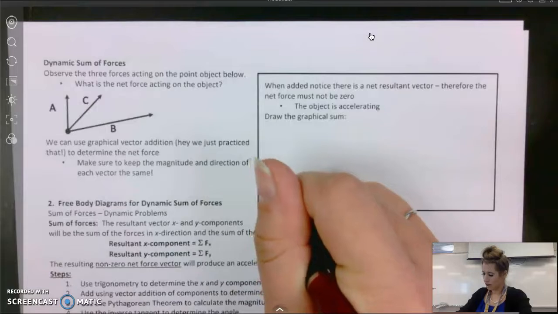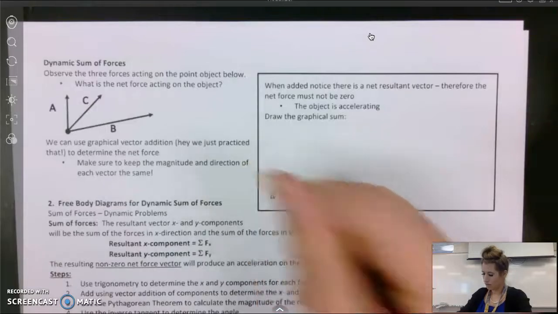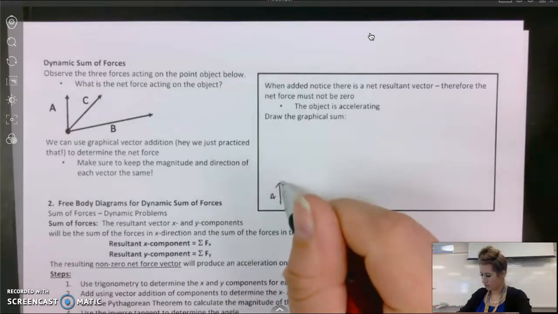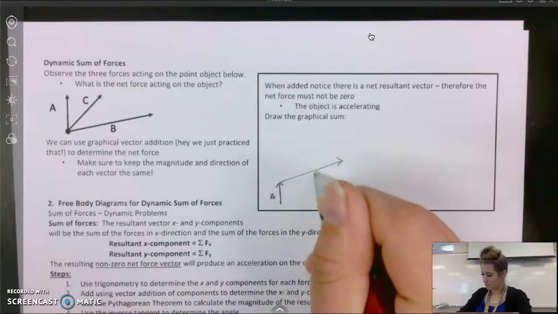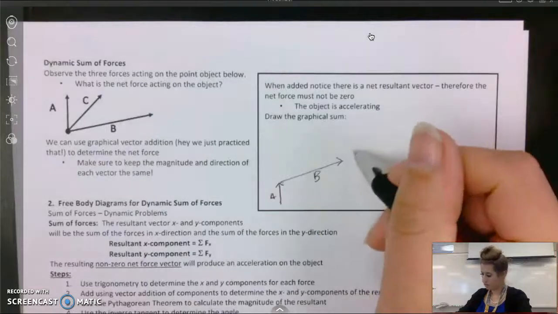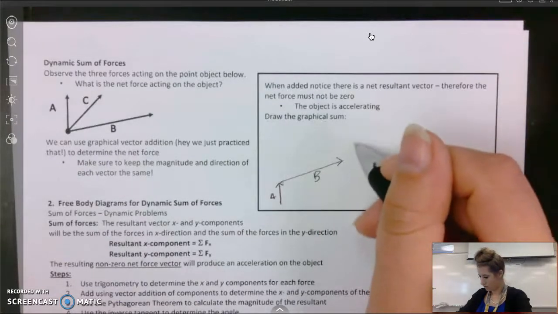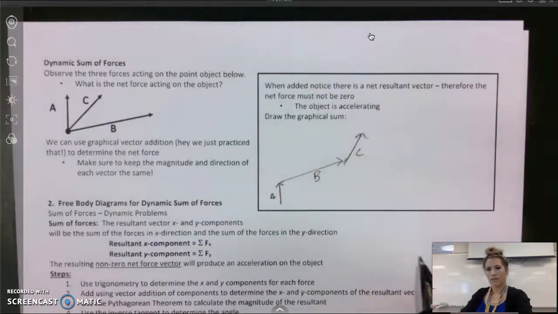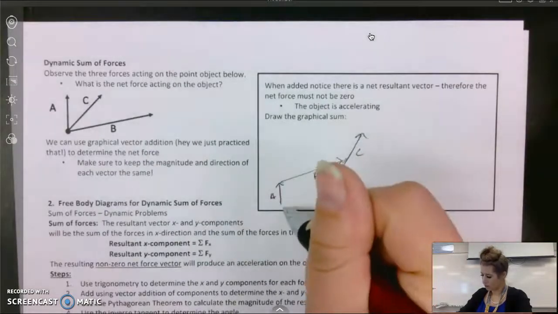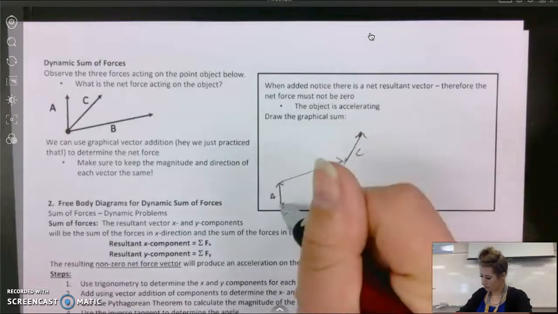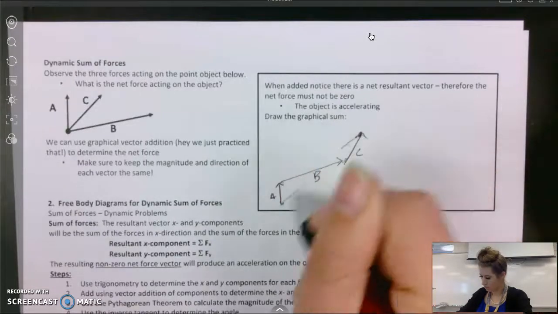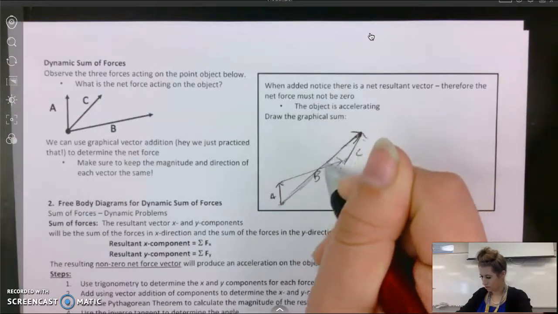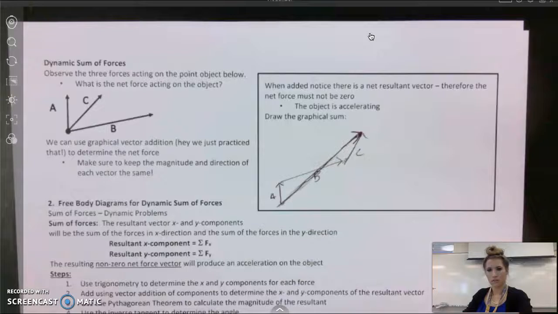Like we could take A, okay, and then we could add B, and then we could add C. And finally, our resultant is from the tail of the first to the tip of the last. Okay, so there's our big resultant vector. Okay?